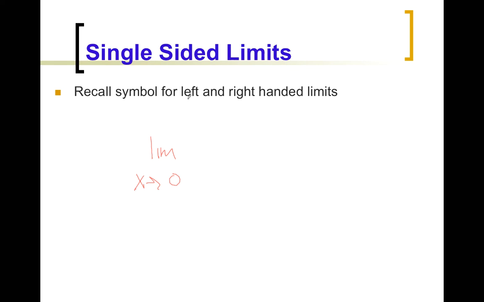So if I want to come in from the left side, everything to the left is all negatives, so I put a little negative sign up and to the right of whatever number is down here. If I wanted to take the limit from the right side, you guessed it, we get a plus sign. So what this says is, let's take the limit as x approaches 0 from the left-hand side.